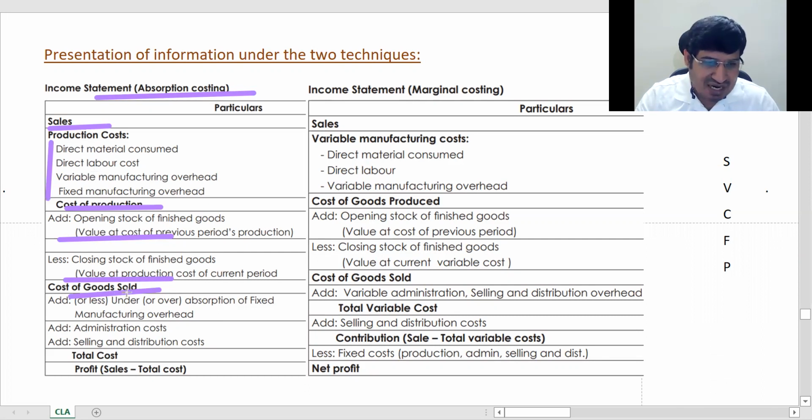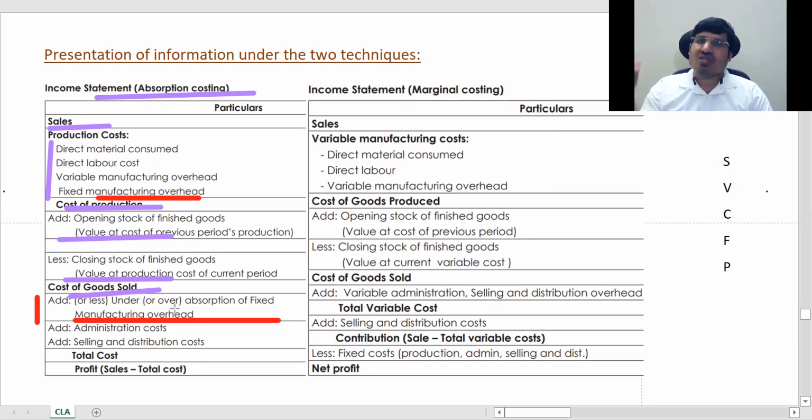Now at this stage, after you get cost of goods sold, you add or deduct over or under absorption. This overhead has been charged using the normal units, which is why you will have that over or under absorption. You will charge it here at the end of the period, making that adjustment, where I showed you 1,000 more or 1,000 less.